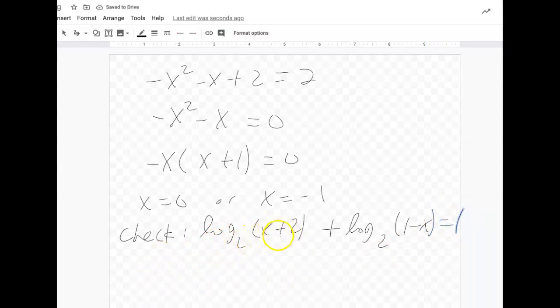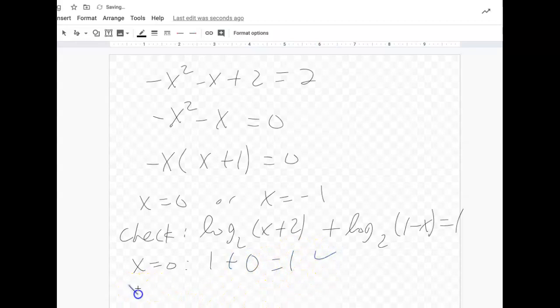So we can maybe just look at this. If x is 0, log base 2 of 2 is 1 plus, if x is 0, log base 2 of 1, when we evaluate that, it's 0, and so 1 is equal to 1.